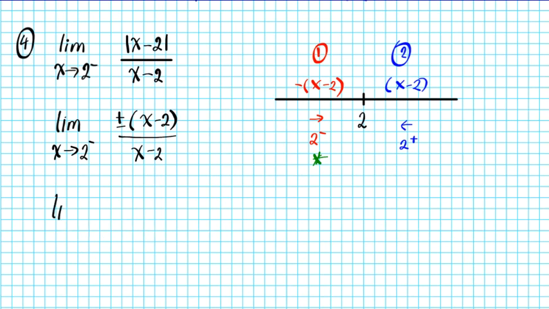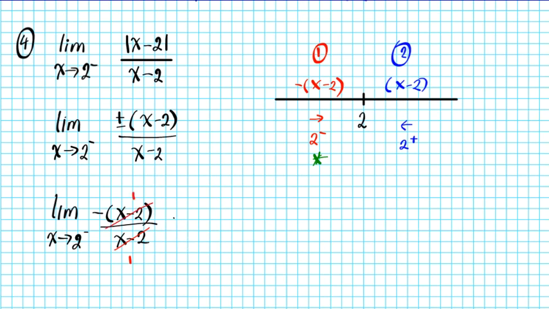So this is going to become the limit as x approaches 2 from the left of the negative part, negative x minus 2 divided by x minus 2. So that ambiguity with plus or minus is gone. We can now simply divide this out.